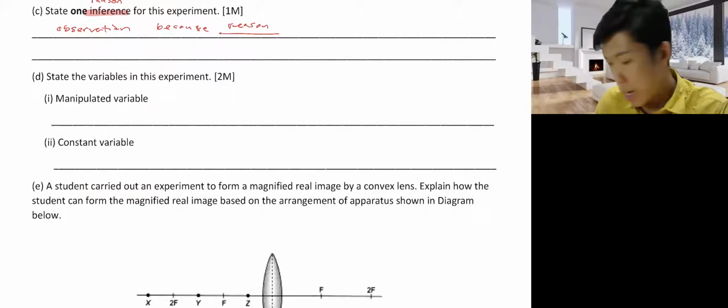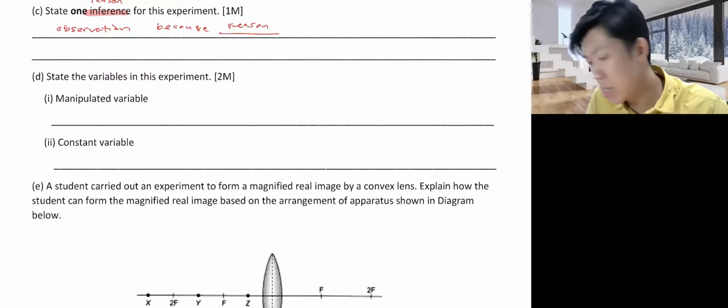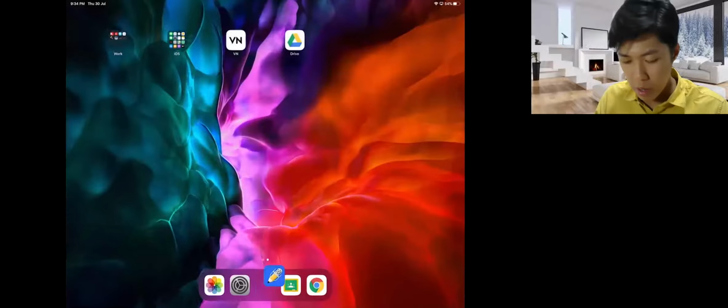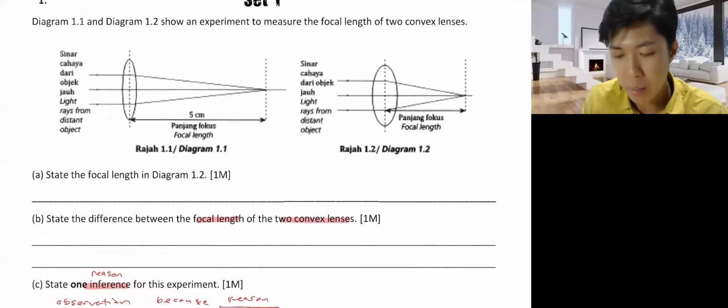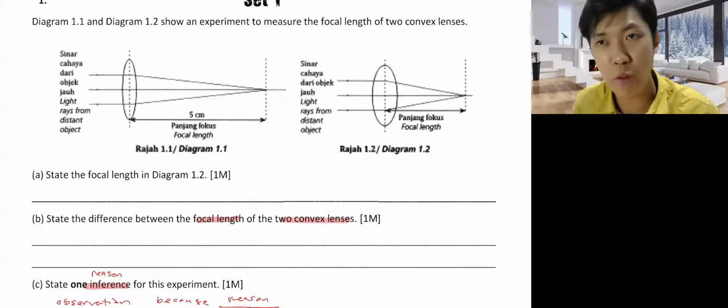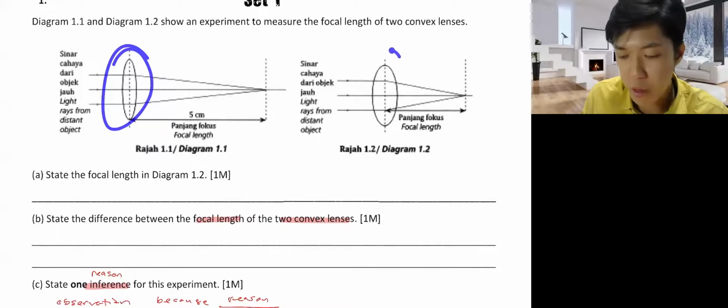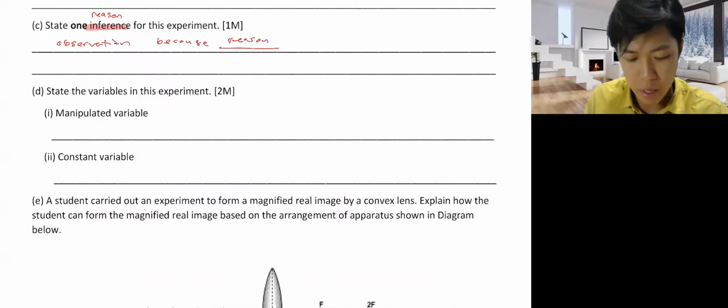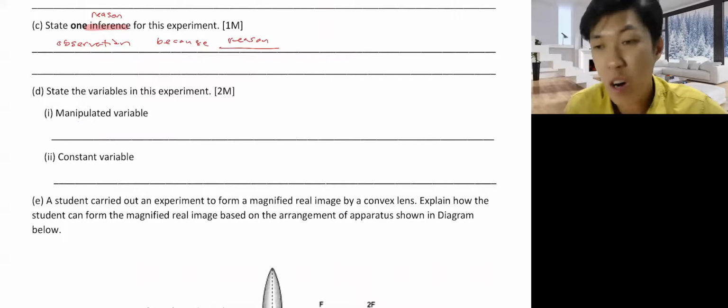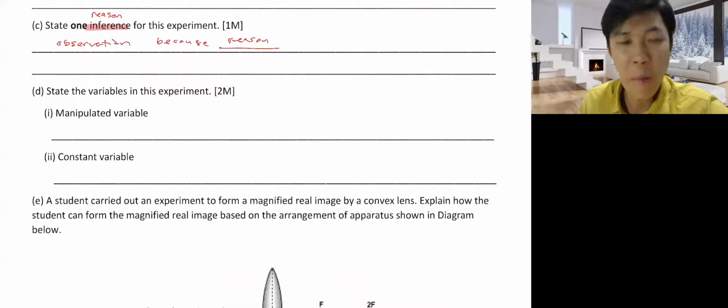For your manipulated variable, it's a very straightforward experiment. You are having different thicknesses, so your manipulated variable will be the thickness of the convex lens.